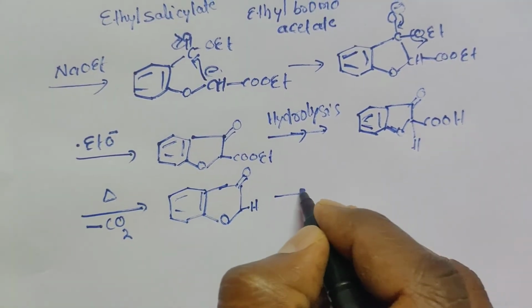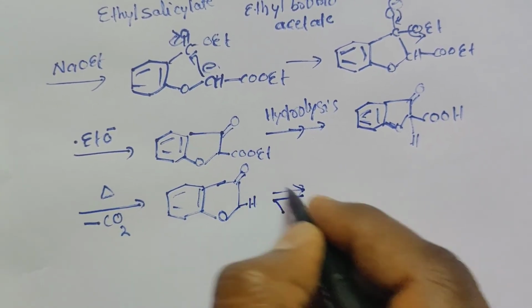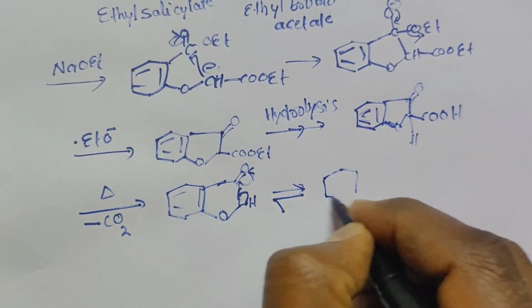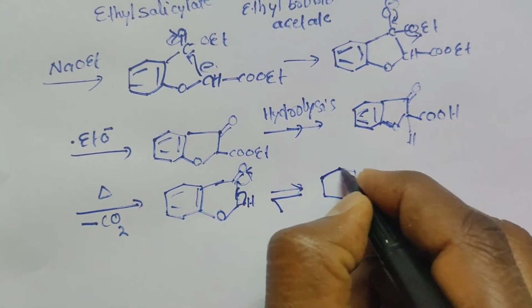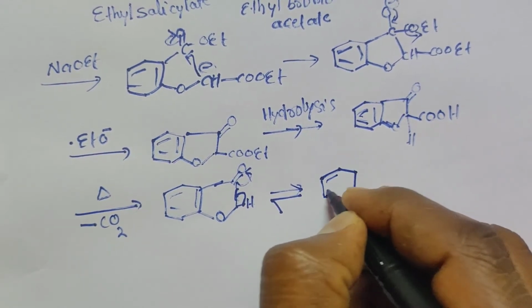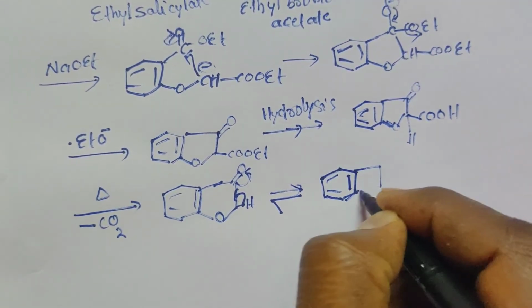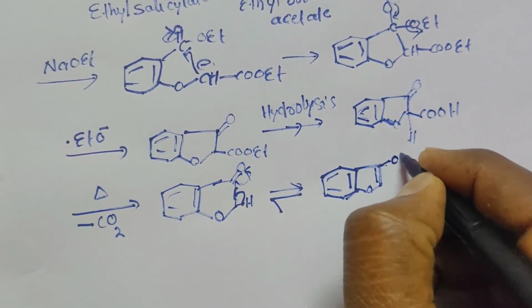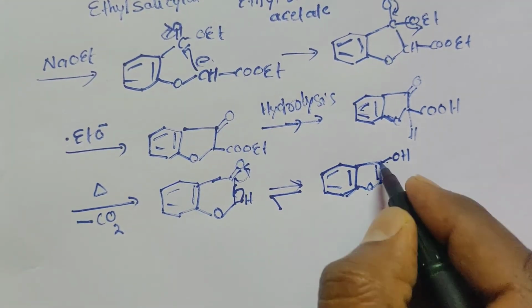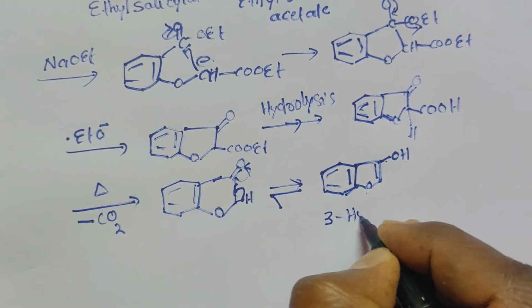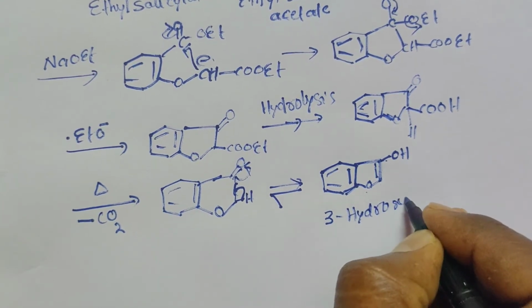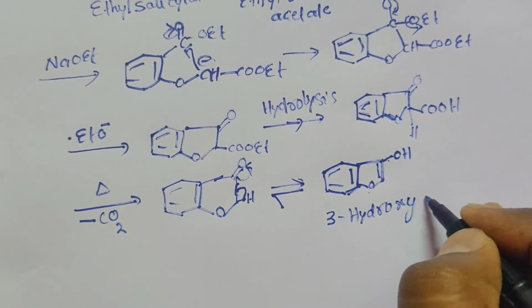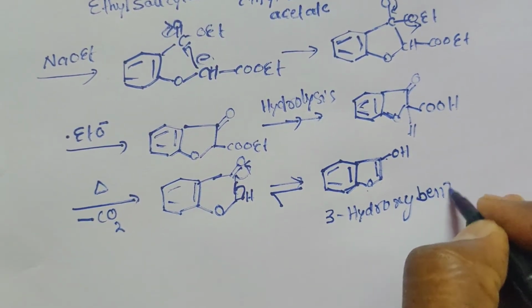Now this one undergoes tautomerism, that means keto-enol tautomerism, and as a result we get the hydroxy benzofuran. So look here, we get the hydroxy group: 3-hydroxy benzofuran. So in this method we are getting the substituted benzofuran, that is the 3-hydroxy benzofuran.